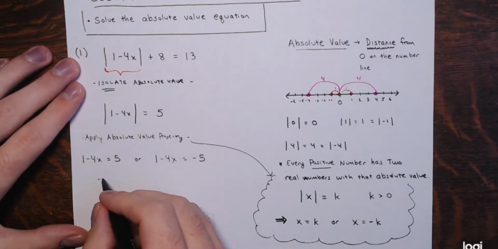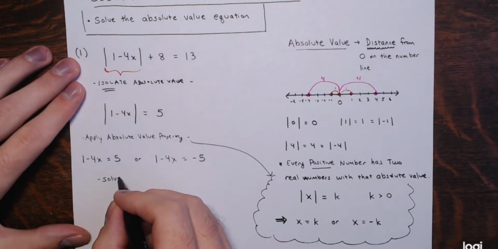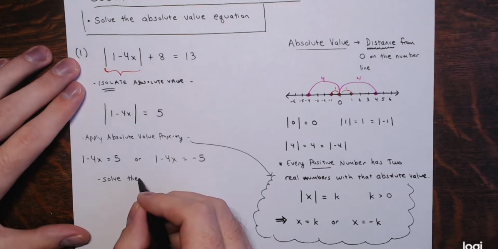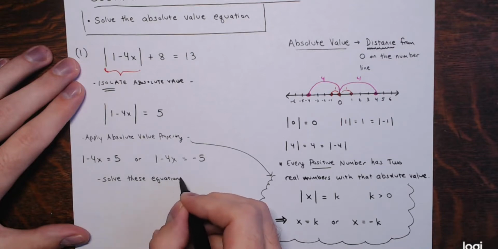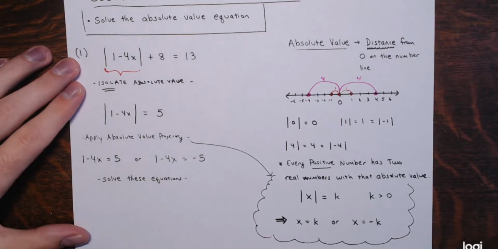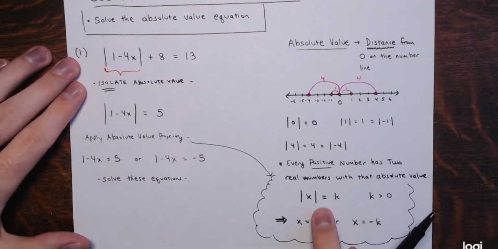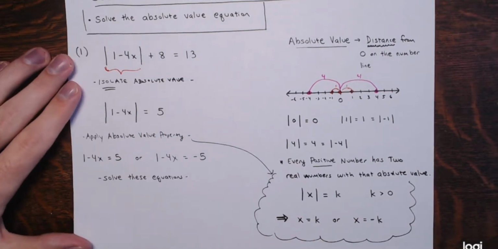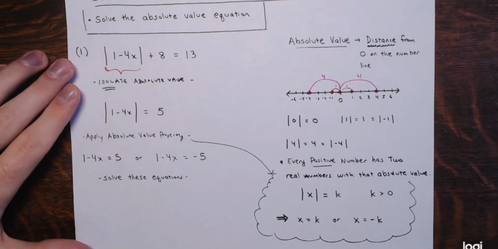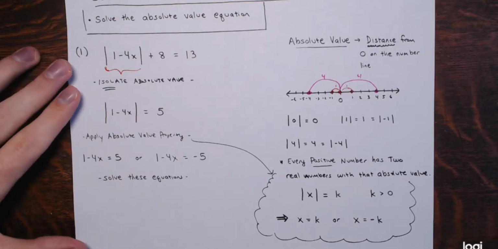All right, and then we solve these equations separately. And notice there's no absolute value symbol anymore. That's the key. We take an equation that has an absolute value symbol and rewrite it as two equations without an absolute value symbol. We undo it, I guess you could say.